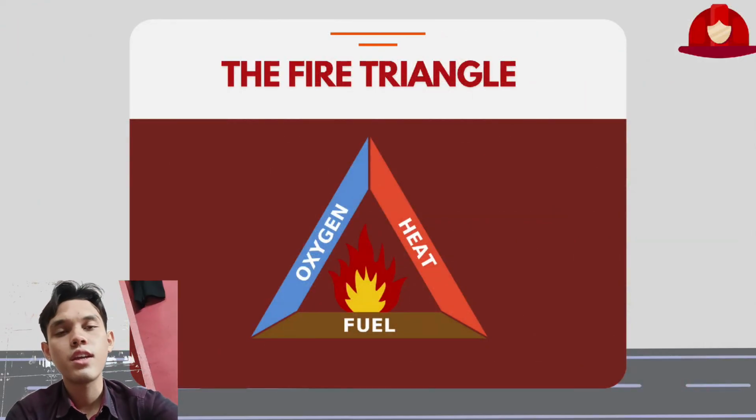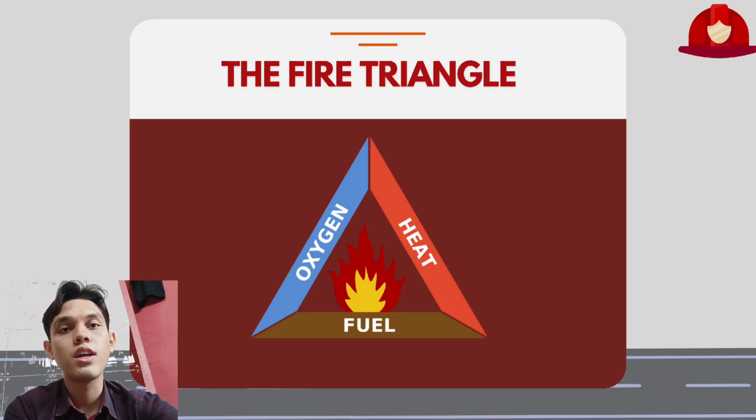Okay, next is the fire triangle. Before we learn how to use a fire extinguisher, it's important to understand why fire happens. Every fire needs three essential elements. This is called the fire triangle. The fire triangle consists of one, heat, a source of ignition such as sparks, flames, or friction, and two, fuel, a material that can burn, such as paper, wood, oil, or gas.